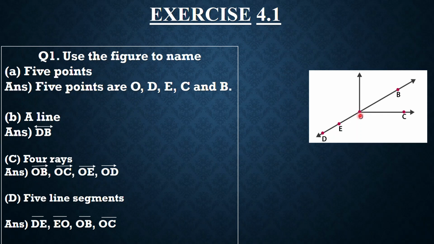See here, on another side, it will travel endlessly and start from one endpoint. So OB is a ray, OD is a ray, OE is a ray, and OC is a ray. In geometry, we can name things in several ways.